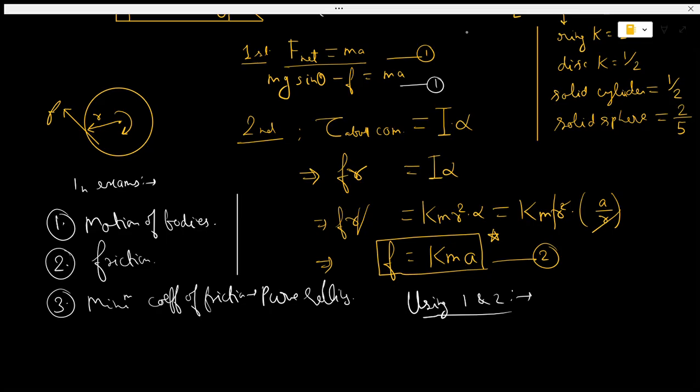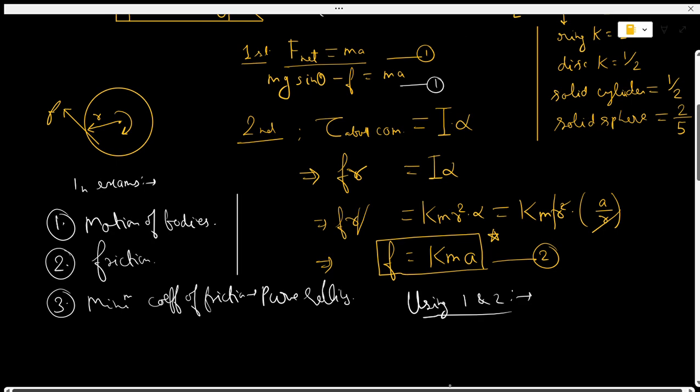Let me put k and a into this equation. So it is going to be mg sine theta minus kma equals ma. m will be cancelled, and what we get? a equals g sine theta upon 1 plus k.